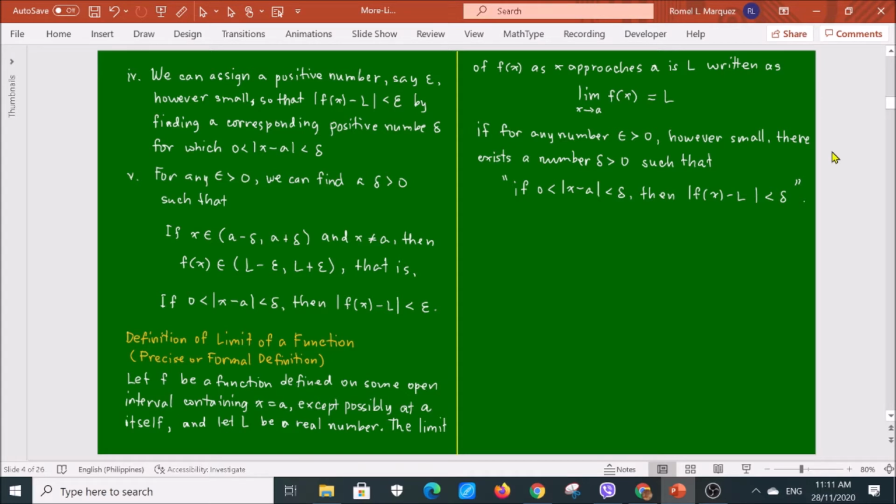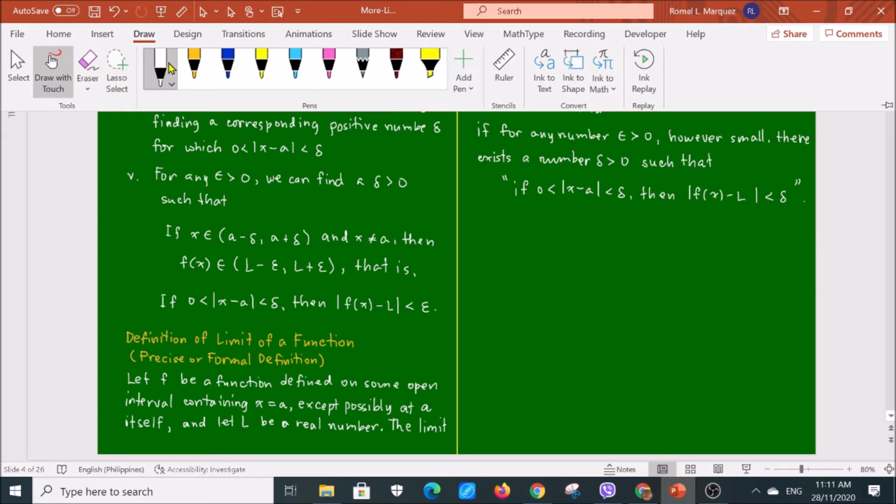So that's the formal definition of limit. We can use this formal definition in proving whether the given limit of f of x as x approaches a is equal to L mathematically. Graphically, which we had already before, this is what it means.